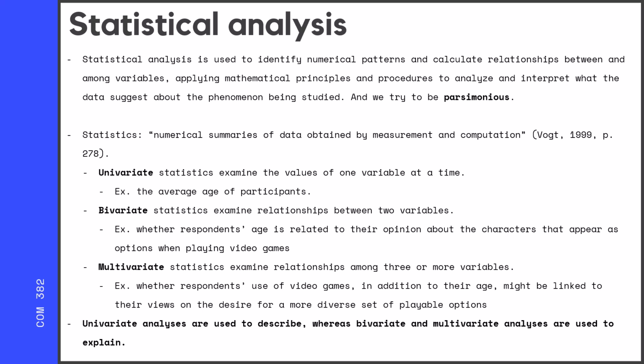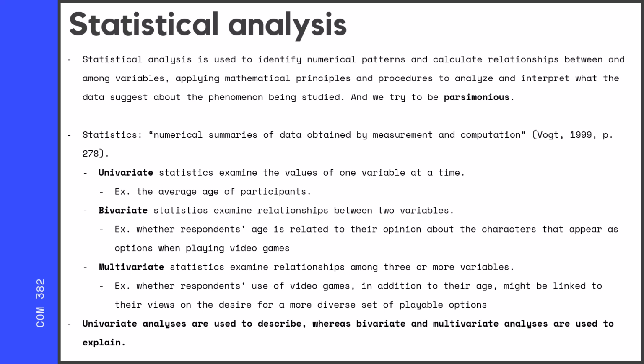The first is univariate statistics, and this is just looking at the values of one variable at a time, for example, the average age of participants or the average number of minutes listening to music. This is also called descriptives, and we'll talk more about this in a minute. Bivariate statistics examine relationships between two variables.